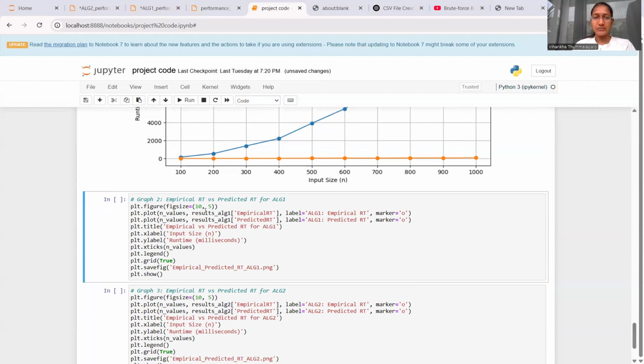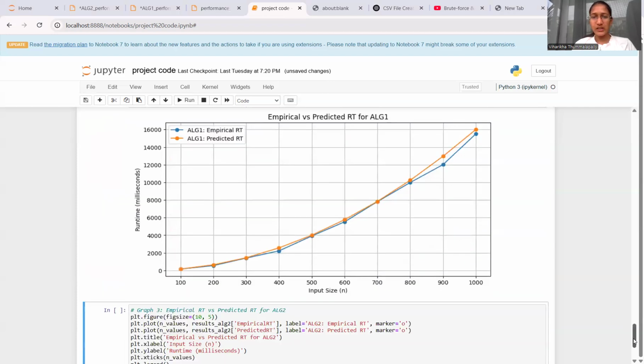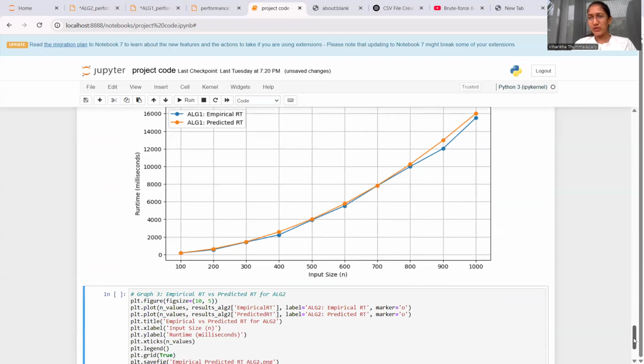For algorithm 1, the empirical runtime and the predicted runtime, you can see here we predicted that it will increase. As we predicted, it increases in the brute force algorithm.